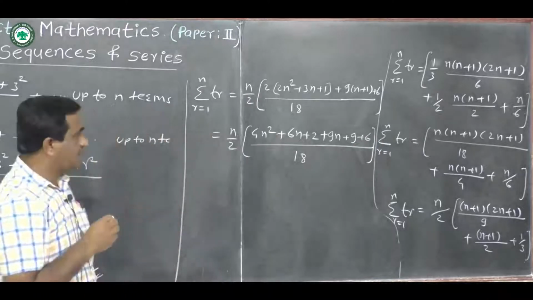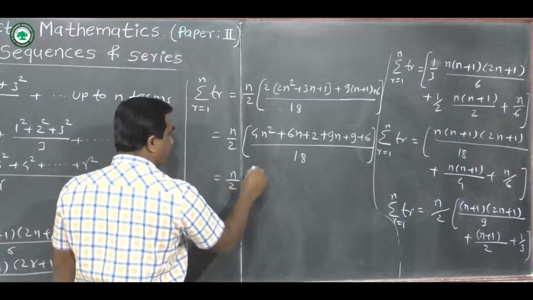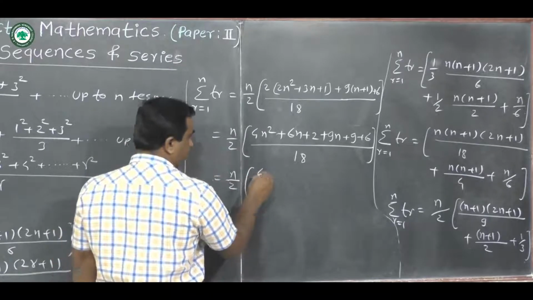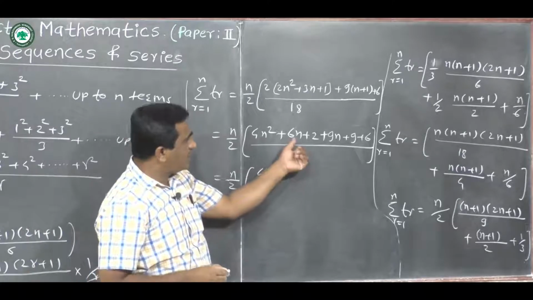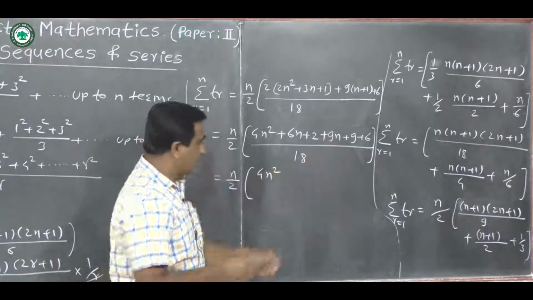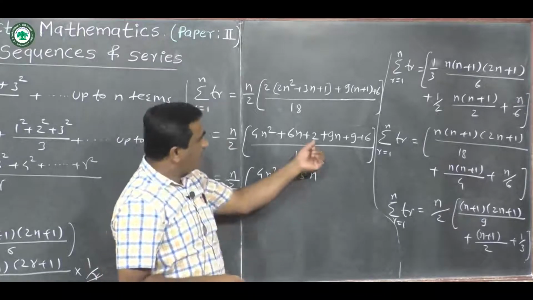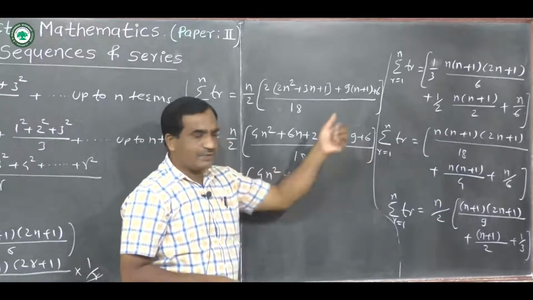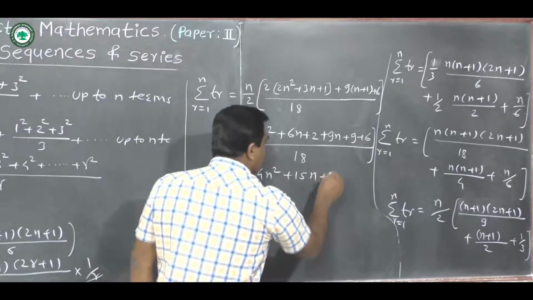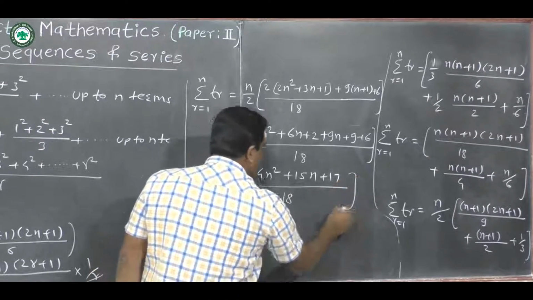That is equal to n upon 2 into, in bracket, 4n square. Now take the sum of similar terms: 6n plus 9n, that is 15n, and the sum of constant terms: 2 plus 9, 11, 11 plus 6, 17, upon 18 as it is.